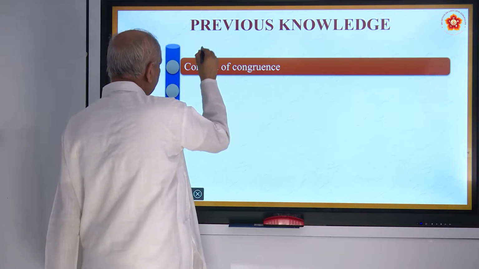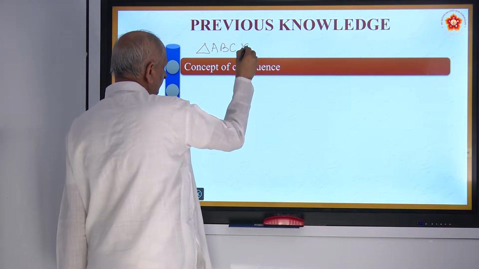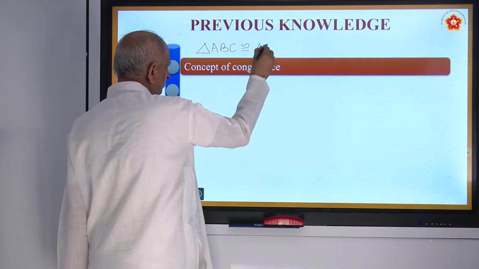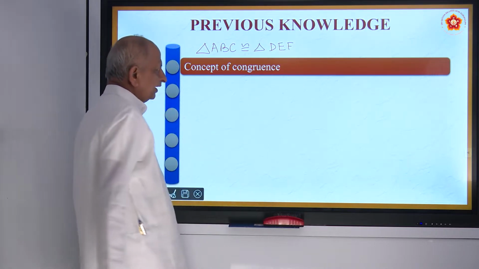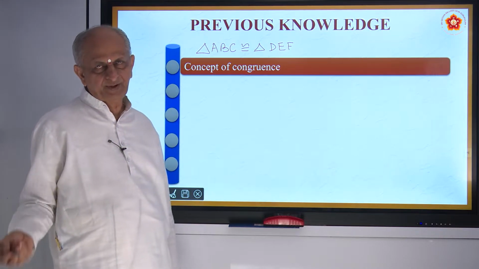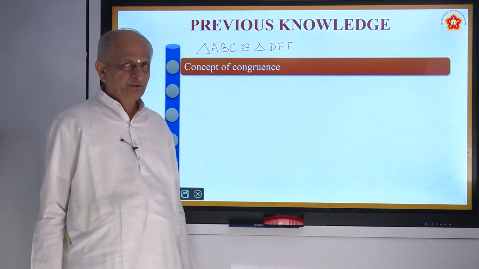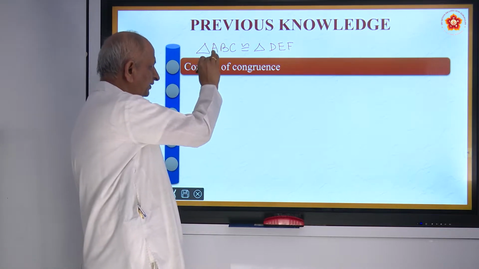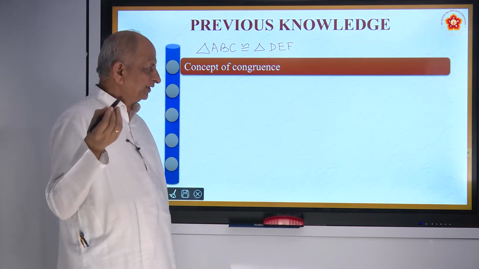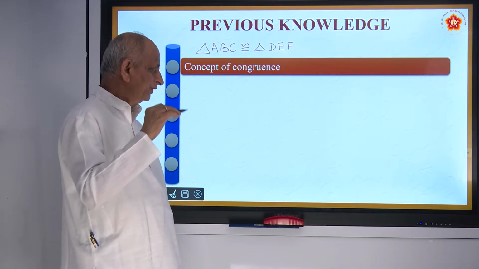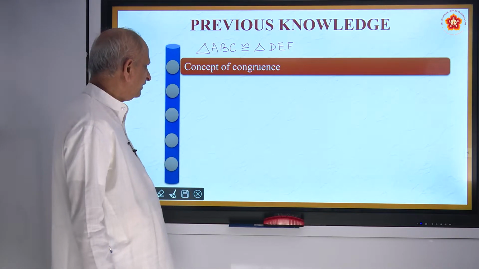Then we call it, for example, triangle ABC is said to be congruent to triangle DEF. It may be a triangle, squares, rectangles and so on. In the case of a triangle, three angles or three sides of one triangle are equal to the corresponding angles and sides of the other triangle.